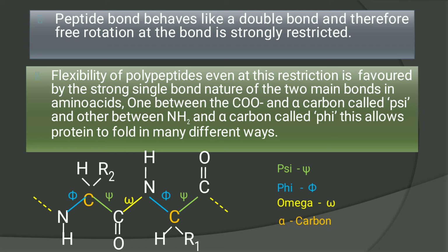But this restriction is overcome by polypeptides due to the high degree of single bond nature of the phi bond, which connects the alpha carbon with the amino group, and the psi bond, which connects the alpha carbon with the carboxylic acid group. So due to psi and phi, free rotation is possible, and therefore free folding of polypeptides is possible in order to attain different forms of structures.